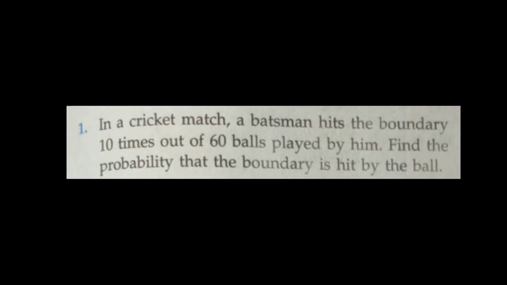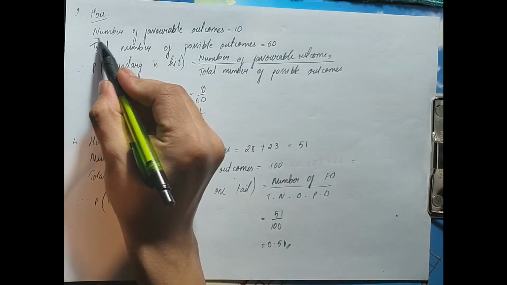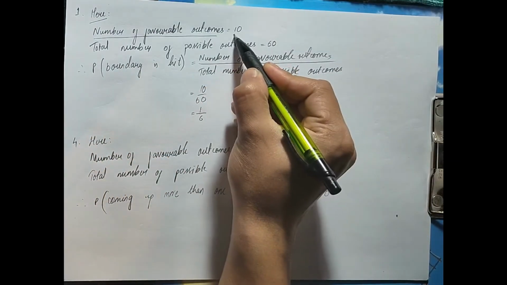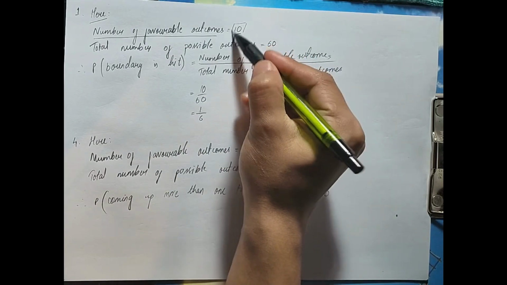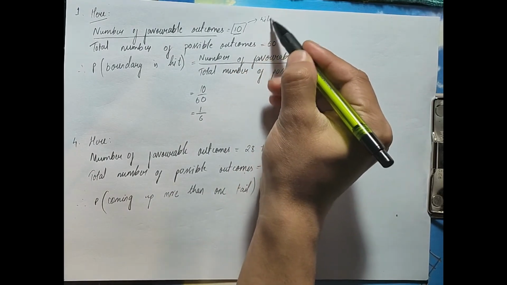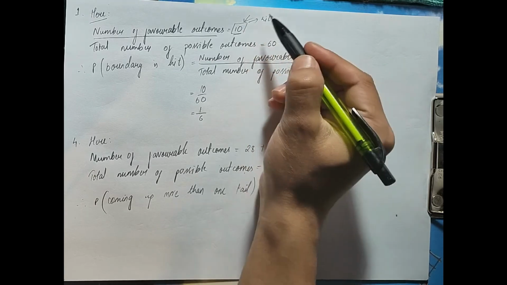Let us see some numericals now. The question is shown on the top of your screen. In a cricket match, a batsman hits a boundary 10 times out of 60 balls played by him. Find the probability that the ball is hit for a boundary. Here the number of favorable outcomes is equal to 10, because our favorable outcome is hitting the boundary and he hit the boundary 10 times.